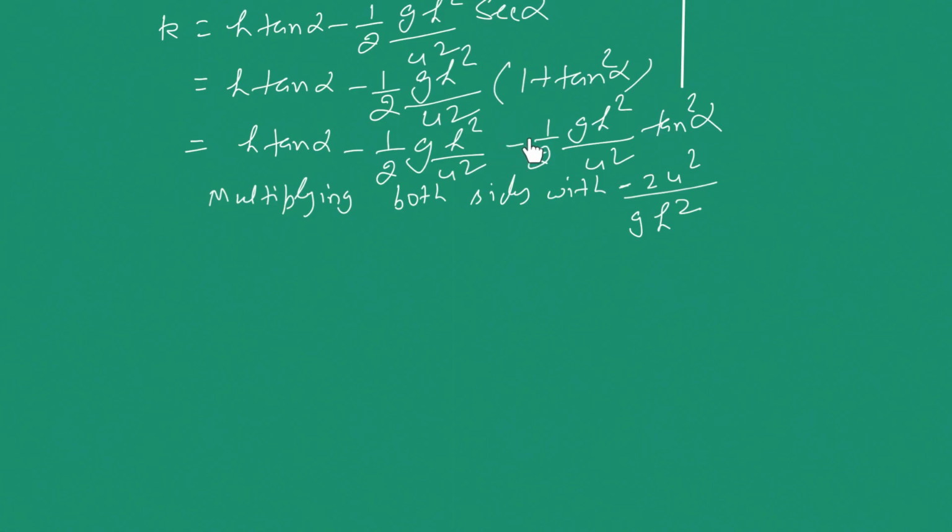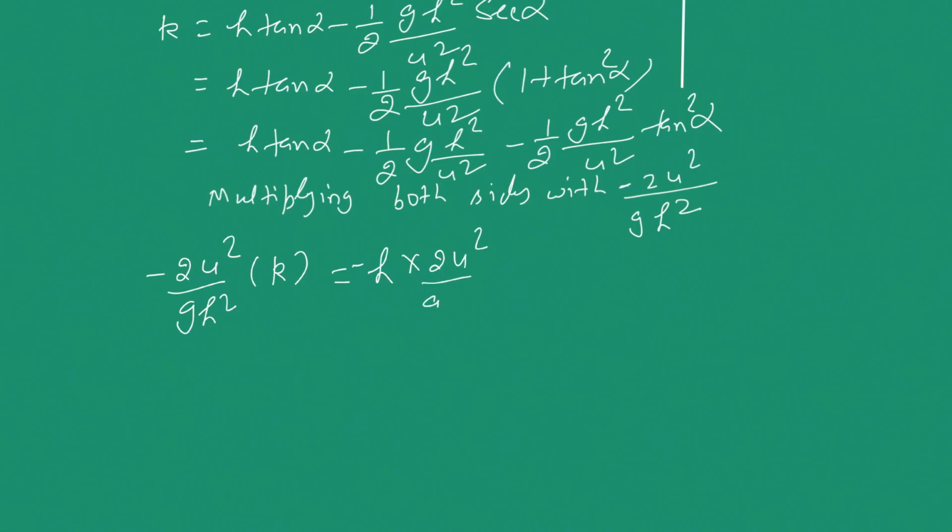So multiplying both sides with minus 2u square by g h square, here k is equal to h tan alpha minus 1 by 2 g h square by u square, plus tan square alpha.